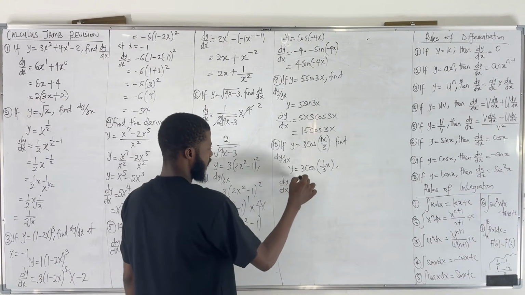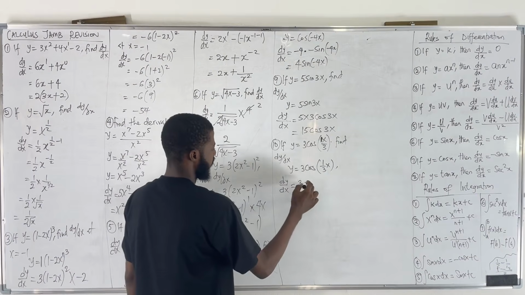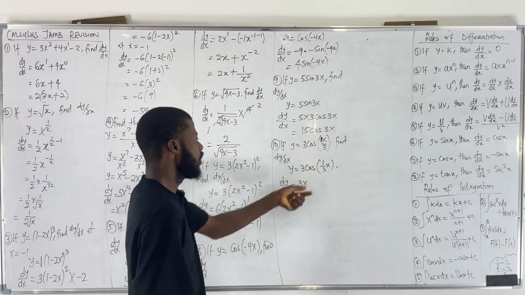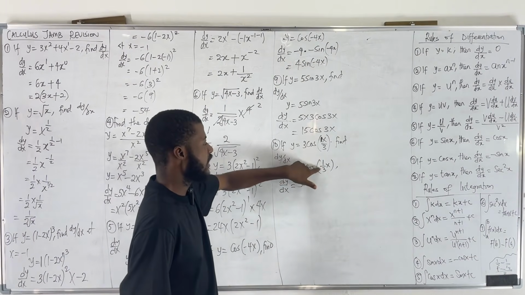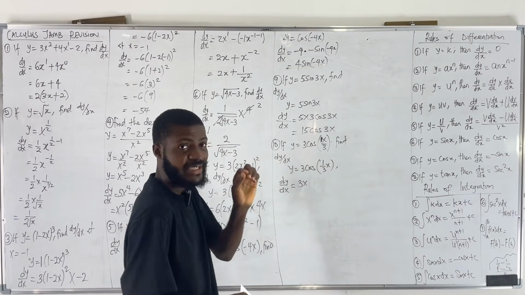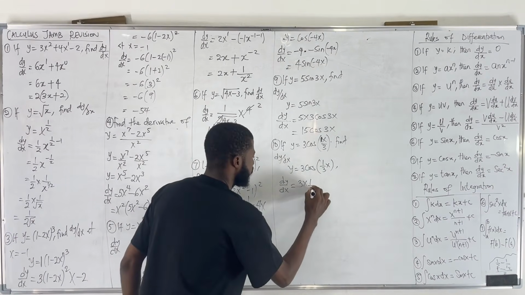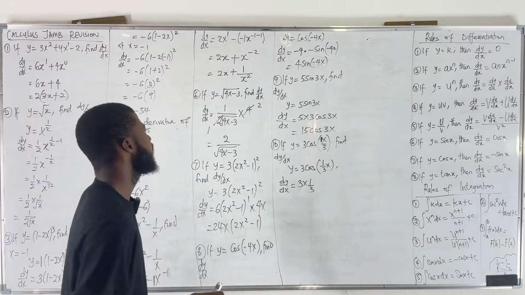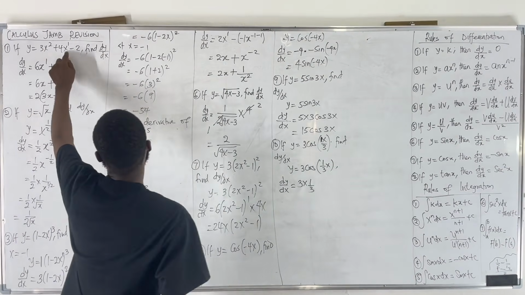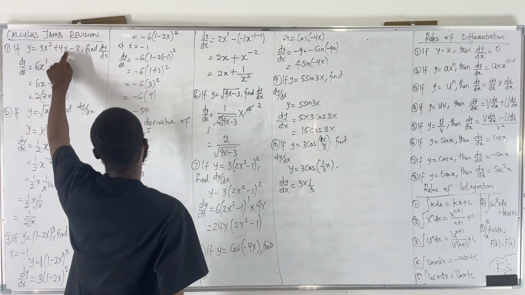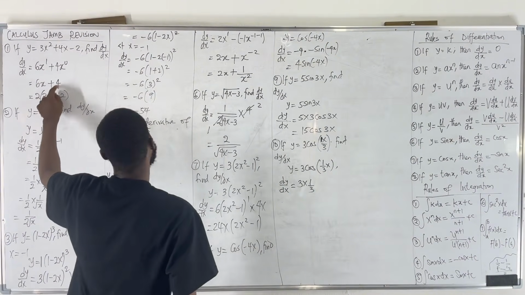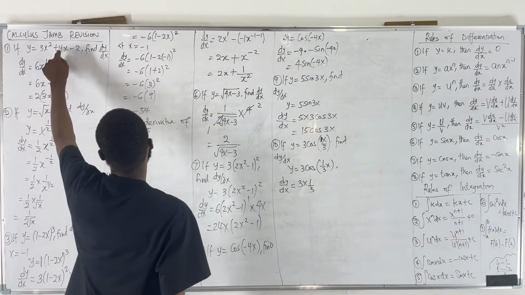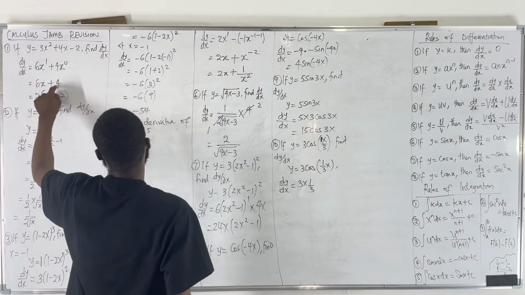First of all, let us write our 3 down. This very 3 in front, let's write it. Then times, differentiate the angle. This is 1 over 3 times x. If you differentiate it, you will get 1 over 3. So just follow the rule. When you differentiate 4x, we got 4. When you differentiate 4x, you get 4.